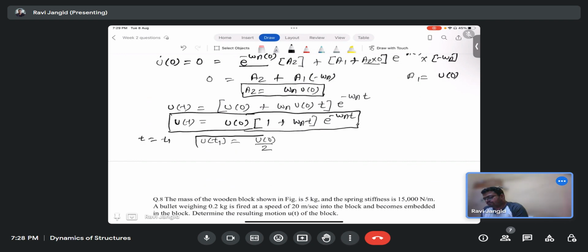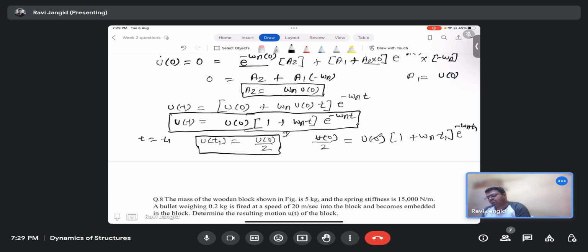Okay, so if I put this into the equation, it becomes u naught by 2 equal to u naught into 1 plus omega n t1 into e raised to power minus omega n t1. So u naught will cancel out, and that will become 1 by 2 equal to 1 plus omega n t1 times e raised to power minus omega n t1.